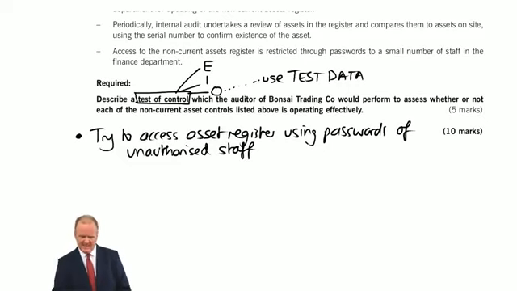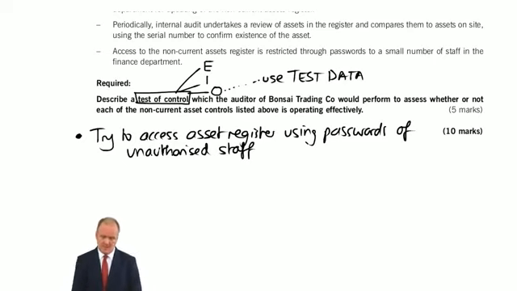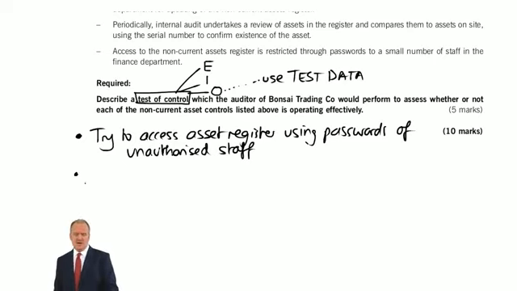What's the next one? I mean, that seemed pretty straightforward, didn't it? Periodically, internal audit undertakes a review of assets in the register and compares them to the assets on site. So they go around looking for the assets to make sure they exist, using the serial number to confirm existence of the asset. So I'm guessing every asset has got a number put on it, which links to the asset register. How would you know that internal audit is indeed doing that?